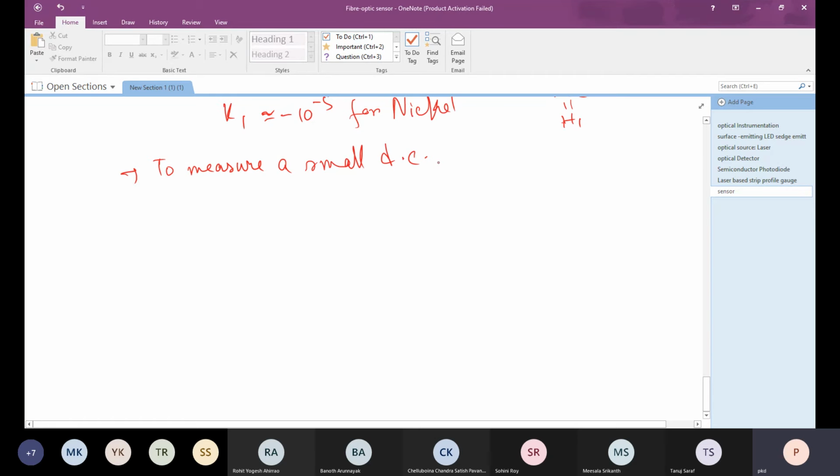Not only for this, it can be used for any measurement purpose. Where there is a problem of nonlinearity, and the measurement is for a small zone, we can select the appropriate zone.